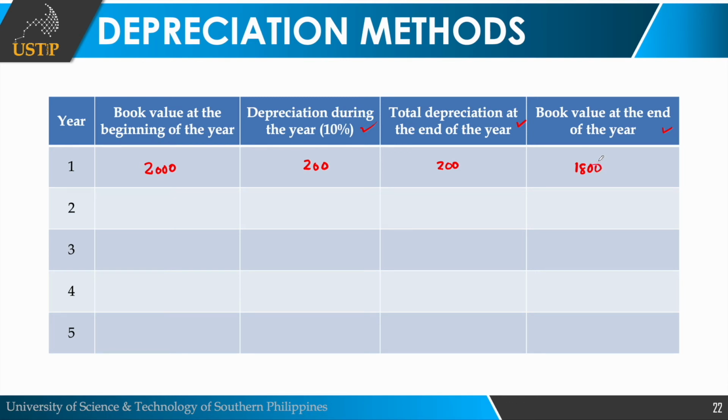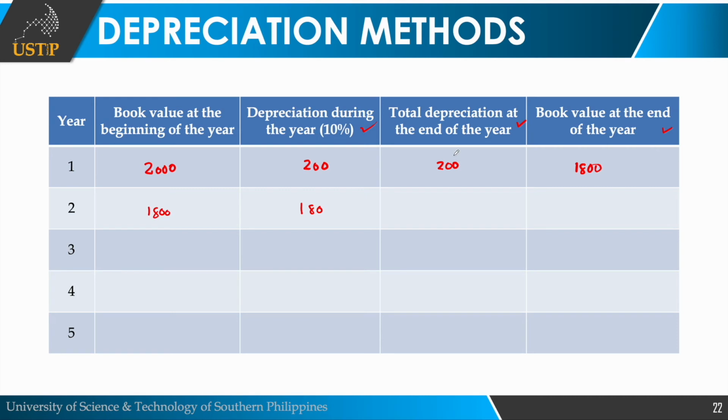Okay? So, ang book value niya class at the beginning, as I've discussed a while ago, kaning book value at the beginning of the next year. Okay, so 1,800 na lang. Now, ang depreciation niya is 10% of that value. So, the 10% is 180.